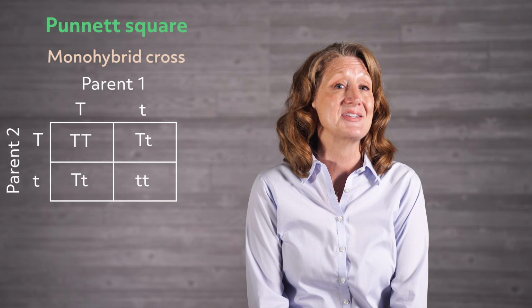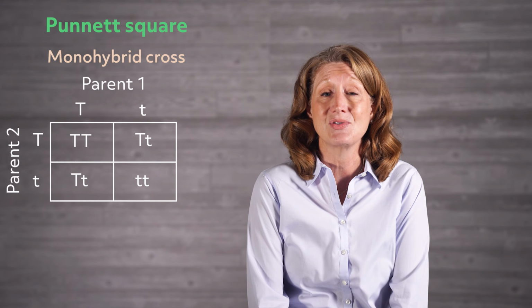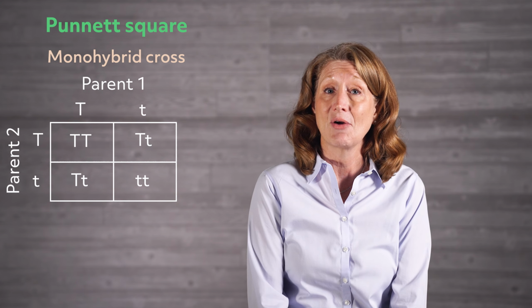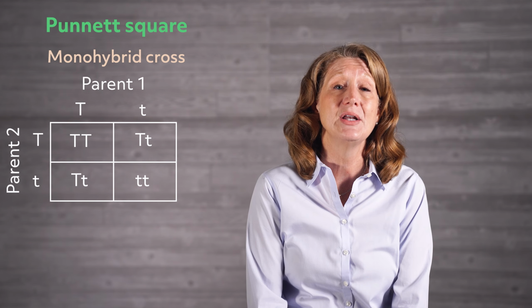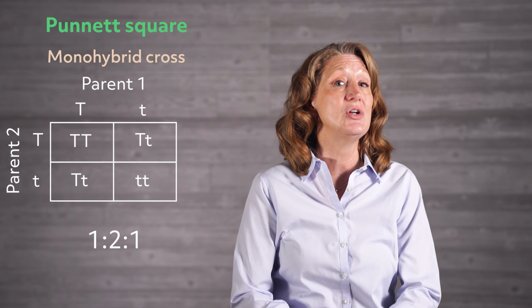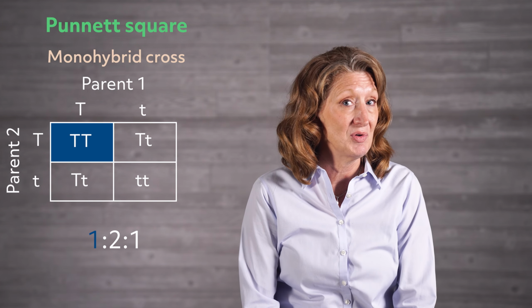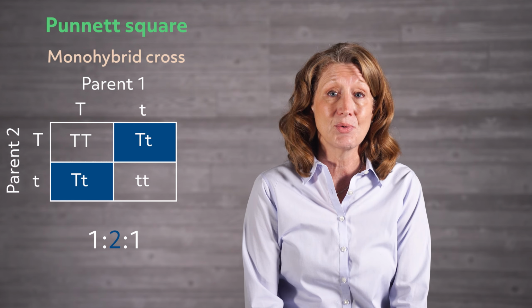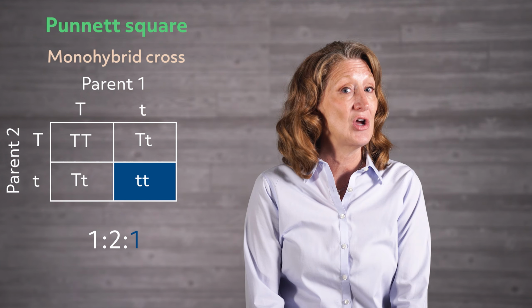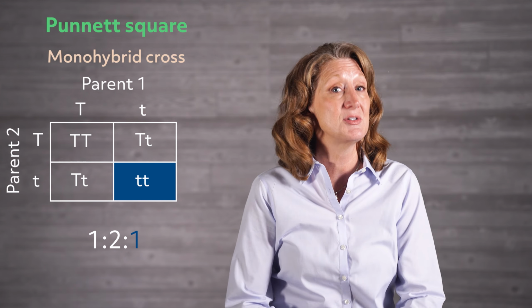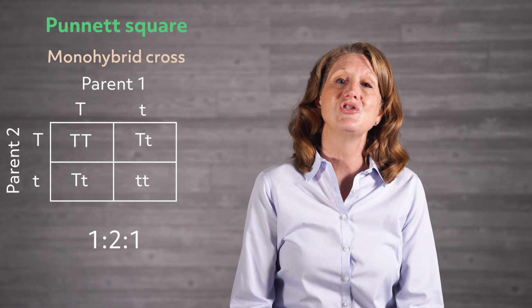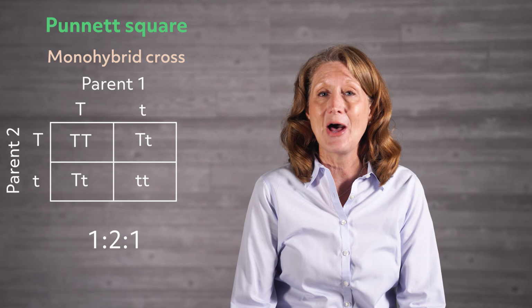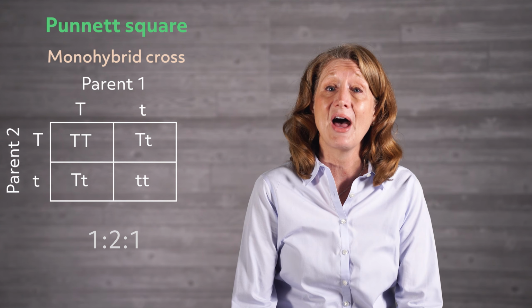Punnett squares like this also help us see certain patterns of inheritance. In our example, we had a 1 to 2 to 1 genotypic ratio for homozygous dominant, heterozygous dominant, and homozygous recessive, respectively. This ratio stays the same no matter how many offspring the parents decide to have.